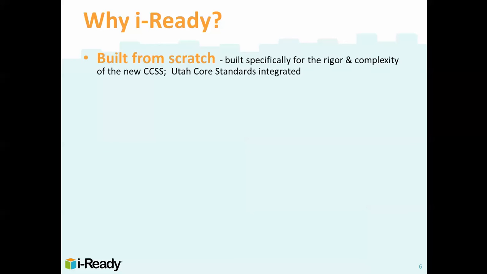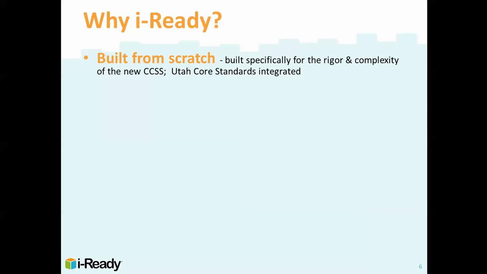Number one, and perhaps one of the most important, is the fact that AIReady is a newer program and we were built from scratch for the Common Core. We haven't been around for 8 or 10 years. We didn't have content that needed to go back and be massaged or recorrelated.